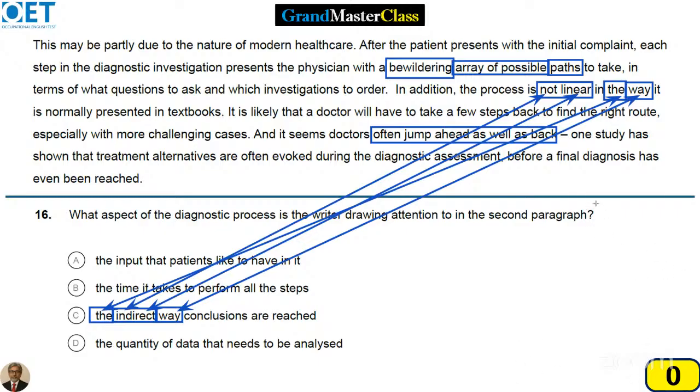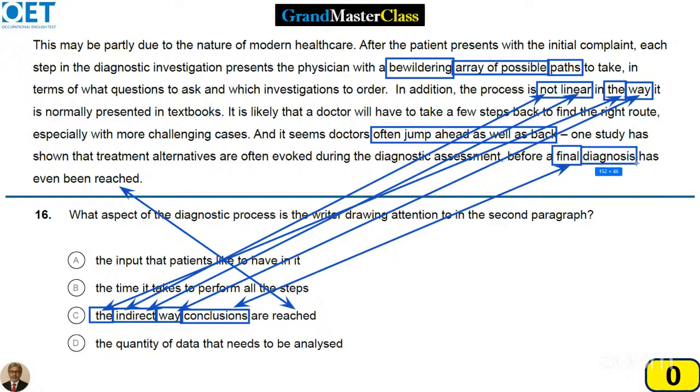Conclusions. Final diagnosis reached. Okay. So try to understand that one very clearly. If you understand this from a different angle, final means conclusion, last, ending.